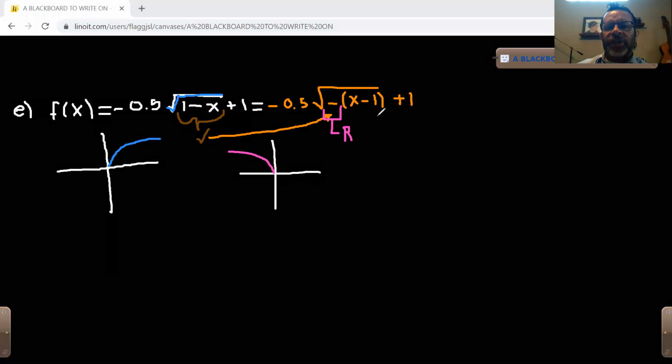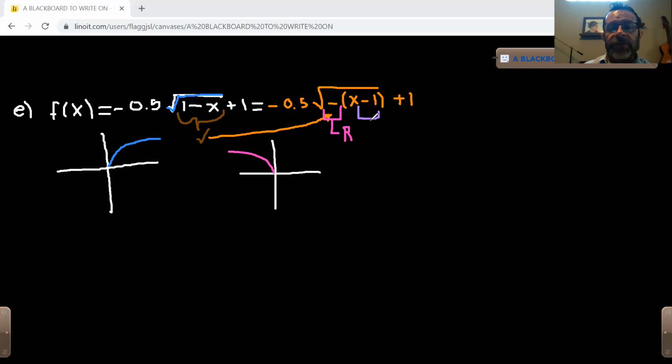Is it clear that we have a shift? This -1 that I have here, what type of shift is that going to generate? To the right. It's going to generate a shift to the right.